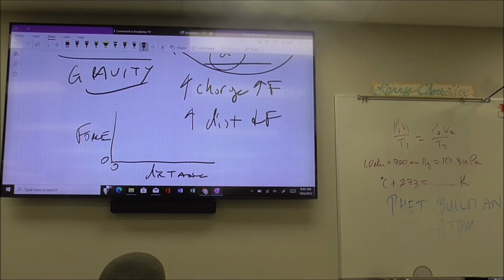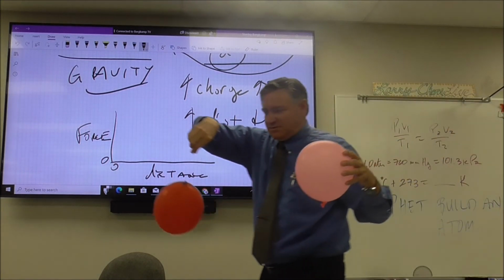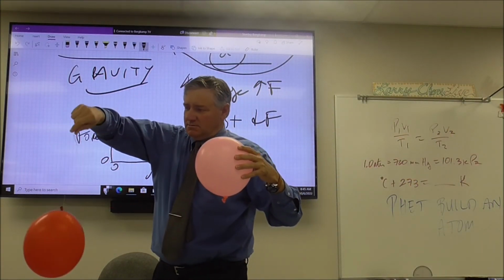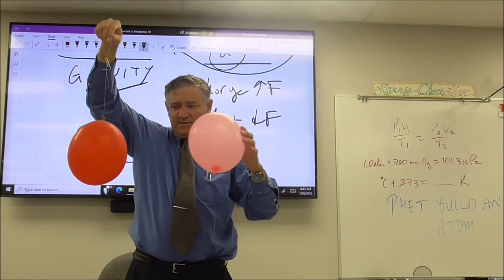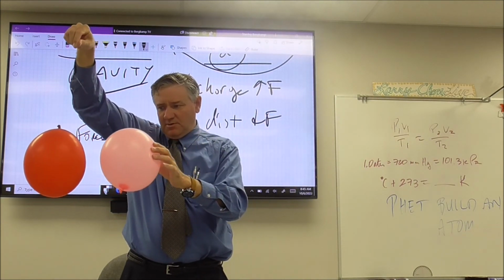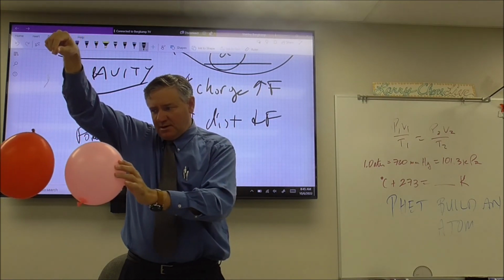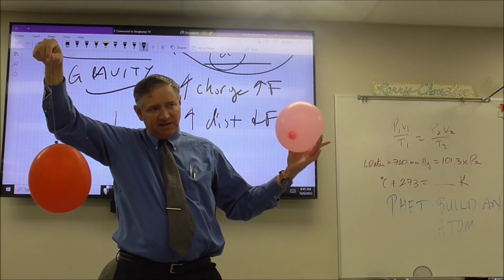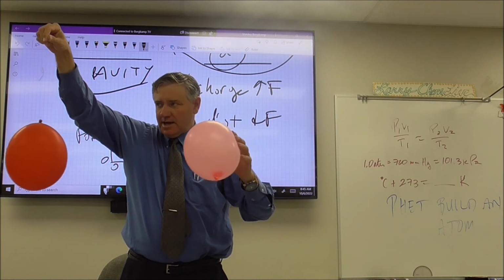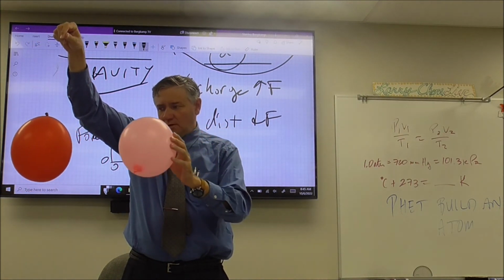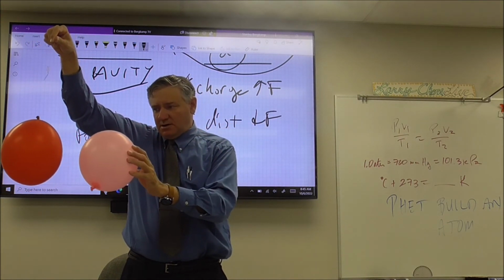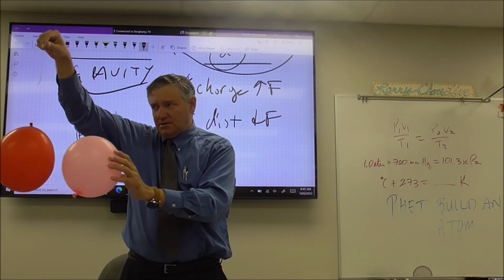Oh, you kind of see those repelling. So what I did, I'll do this for those that are watching on DVD. I charged both of these balloons by rubbing them with a blanket. This is the classic example. As I bring these closer, what happens to the amount of repulsive force?